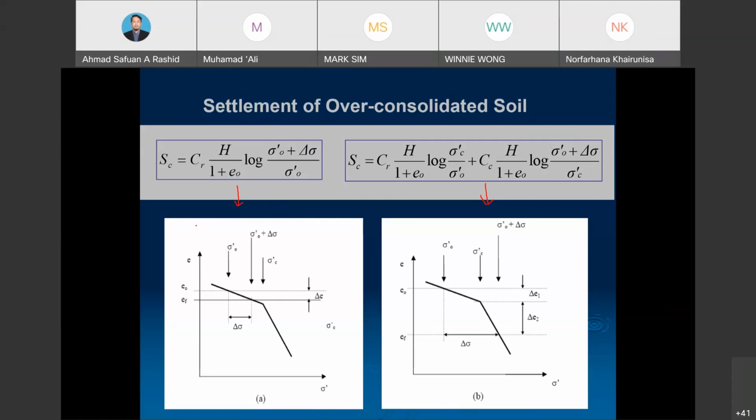We use this equation when the sigma C is greater than the value of the effective stress plus delta sigma. While for the second equation, we use it when the sigma C is less than or equal to sigma naught plus delta sigma.